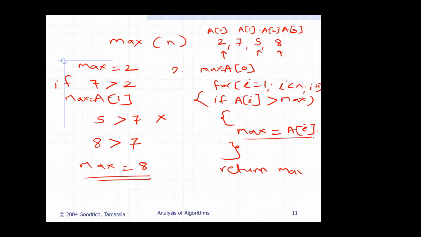We are going to take 2 memory units. This for loop goes from 1 to n, sorry, n minus 1, considering the indices go from 0 to n minus 1. So it will go n minus 1 times.